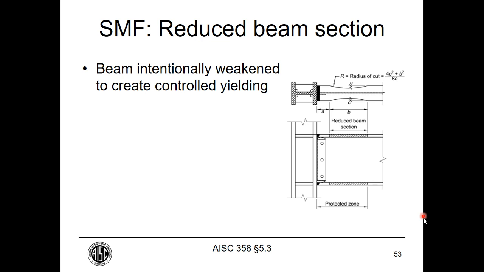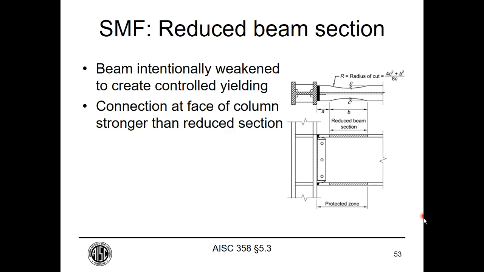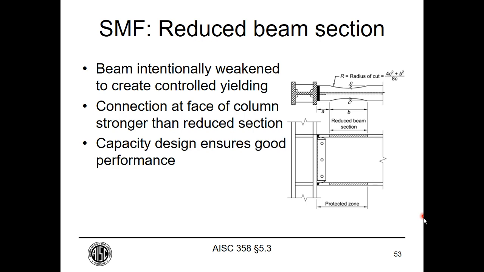So we're protecting that connection at the face of the column by weakening the beam slightly away from the column. The section at the face of the column is stronger than the yielding portion. We verify this through so-called capacity design, where we take the capacity at the plastic hinge location and compute forces elsewhere consistent with achieving that capacity.